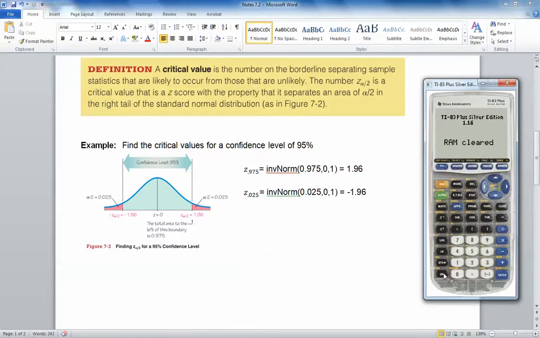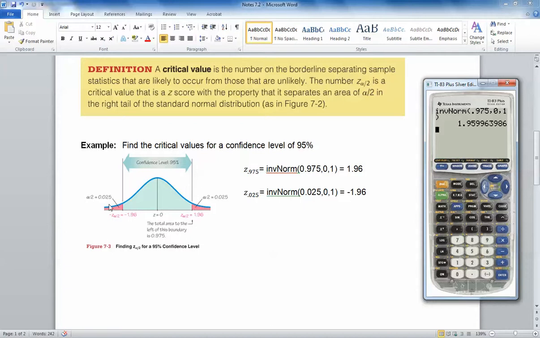Just a reminder of that, we've done this in a previous video. It's in the distributions. We hit second, variables. Option number 3 is inverse normal. And what we do on here is type in the area, that 0.975, the area to the left of the Z-score we're interested in getting, comma, mean, which in this case is 0, standard deviation of 1, and that will tell us the Z-score that goes right here.